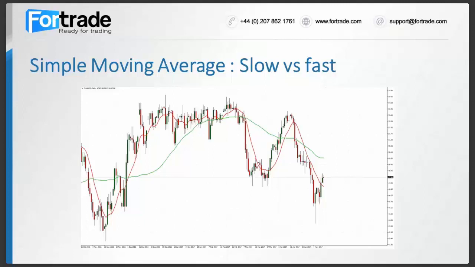A 50-day simple moving average takes the last 50 closing prices and divides them by 50, and so on. The 10-day moving average is more responsive to price changes than the 50-day moving average. In general, traders can increase the responsiveness of a moving average by decreasing the time period and smooth out movements by increasing the period.